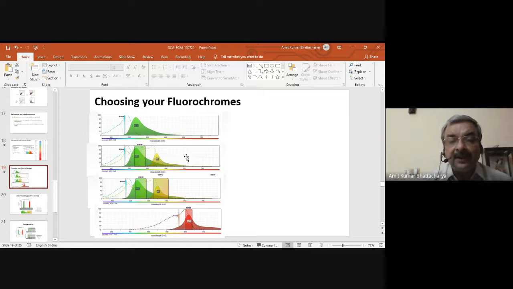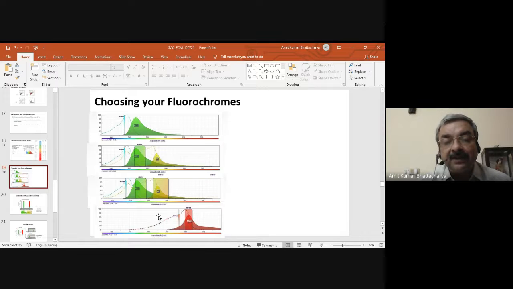Therefore, one solution could be to take, along with this dye, a dye which is far away from it, and therefore there is no overlap. You see here, there is no overlap. So then I can select the green and the red, and I can detect it without having any of that overlap problem.